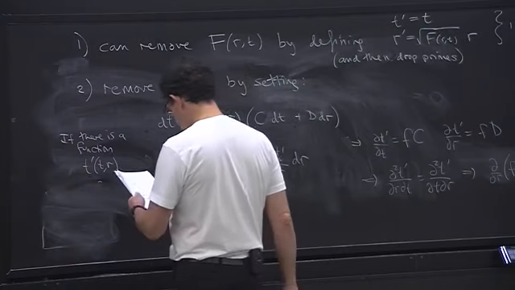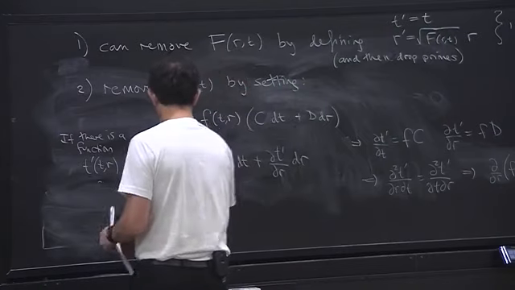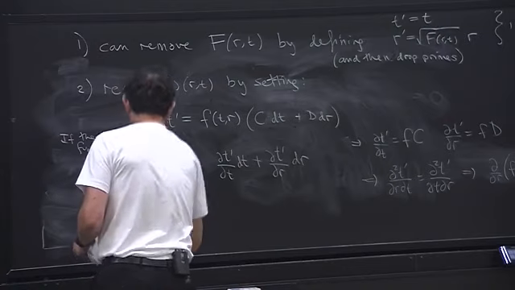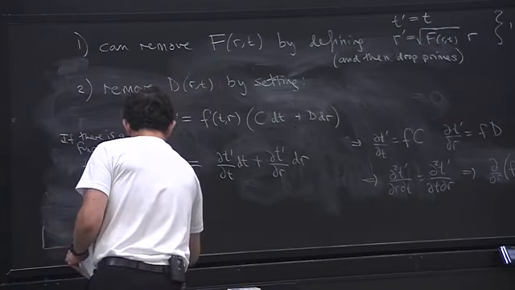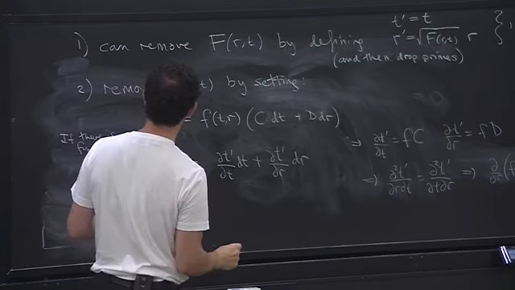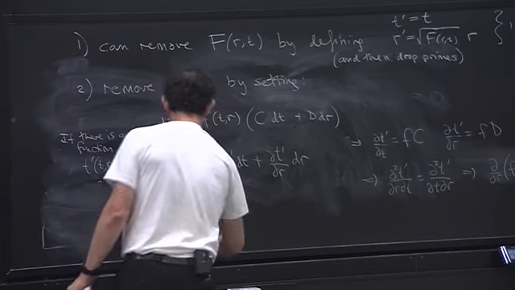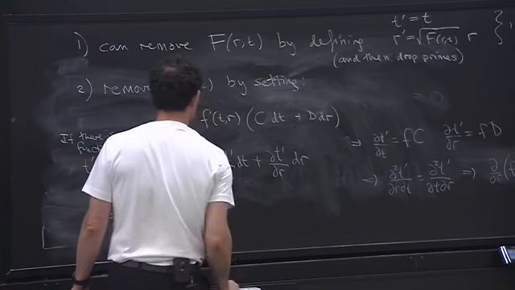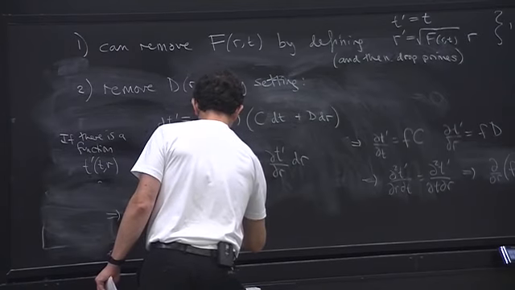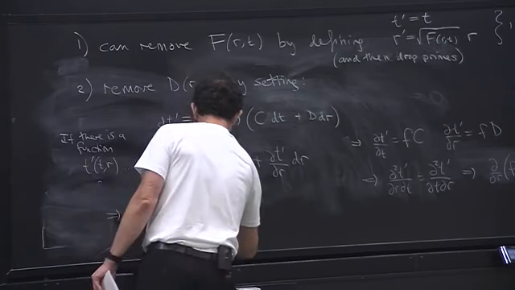And if you do that coordinate transformation, the metric, we can just see by substituting, ds squared will be minus 1 over f squared times dt prime squared.